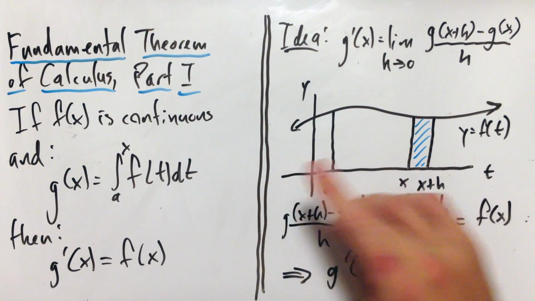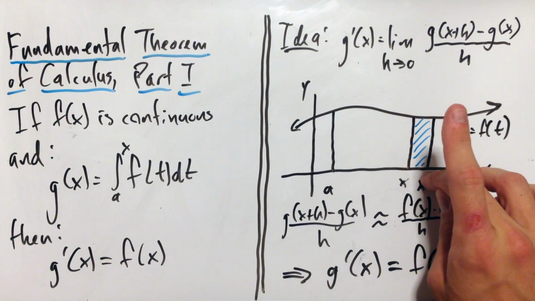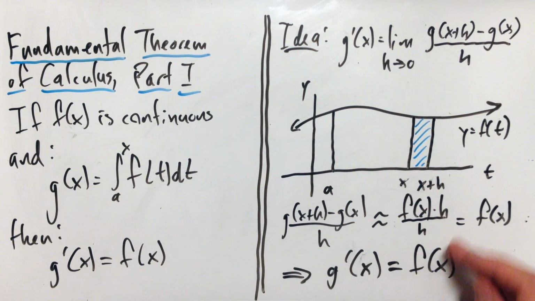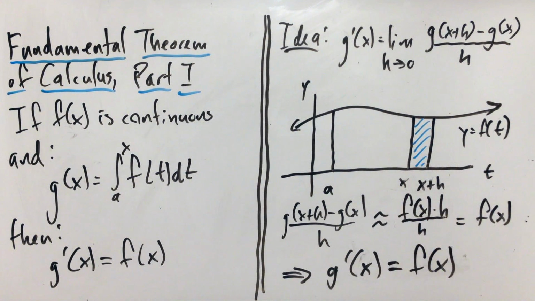So I can estimate this numerator by f of x times h. h is the width of this rectangular-ish area. f of x is my estimate of the height. Then I'm dividing by h still, and that's equal to f of x. So as h goes to 0, it turns out that this approximation gets better and better, and so this limit is actually equal to f of x. So the derivative of g is f of x. Great.